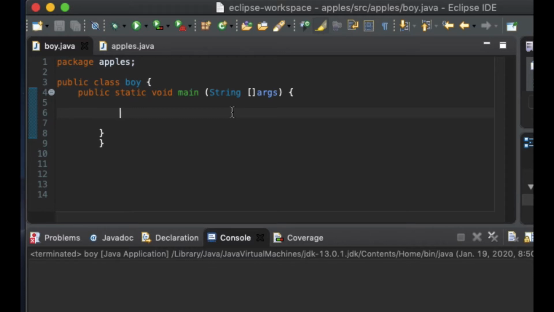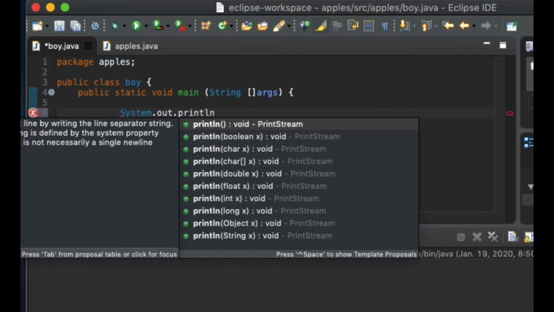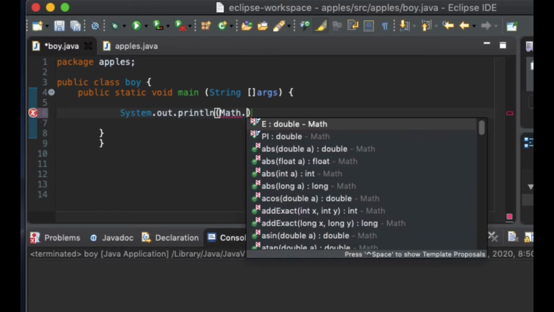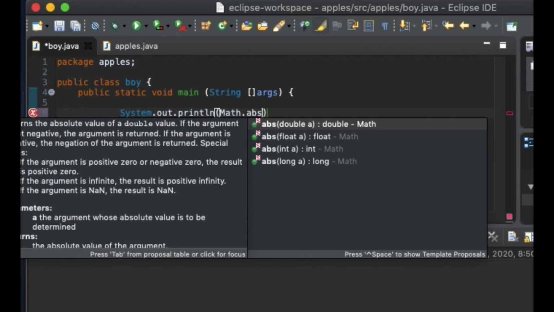Now let's go ahead and put a system.out.println statement, and first I'm going to use a math method called absolute, math.abs. If you know math, you know that absolute value doesn't matter whether the number is negative or positive, it turns into positive.